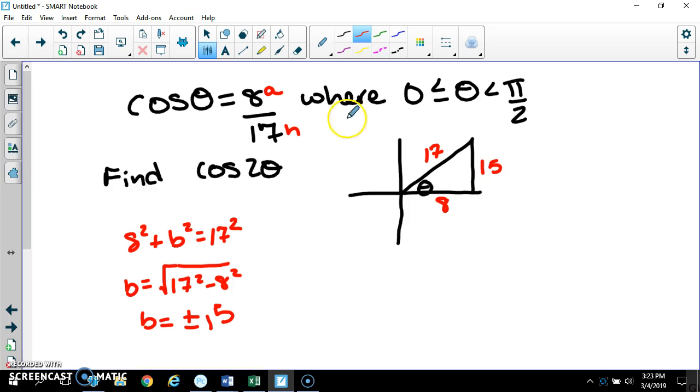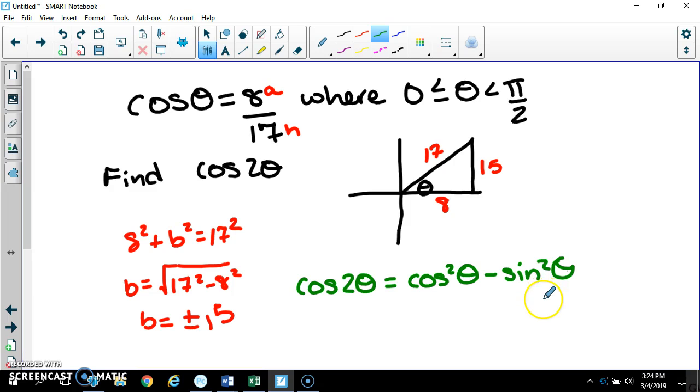So now I have all three sides of my triangle, so I can put it into my equation. Now I have three equations for cosine 2 theta. The easiest one to use when doing this format right here is the one that you're given to start with.